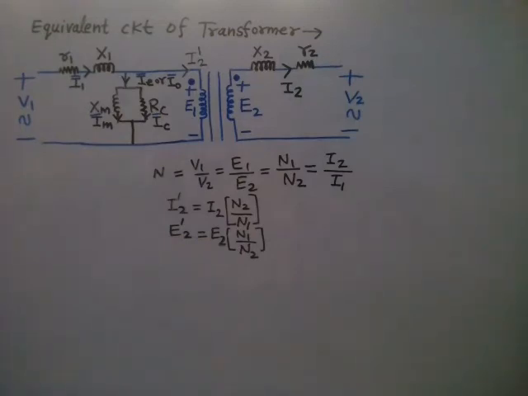So that is basically the equivalent circuit of the transformer, right? If you combine the secondary winding with the primary winding, then it will be the referred equivalent circuit. If you refer the secondary side quantity to the primary side, it will be the equivalent circuit of the transformer, right?